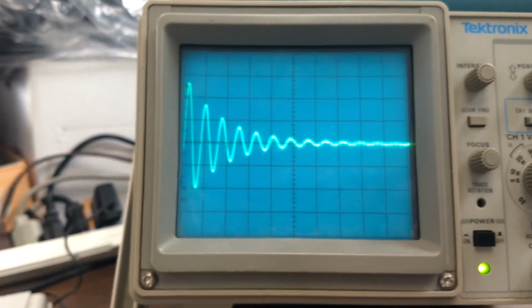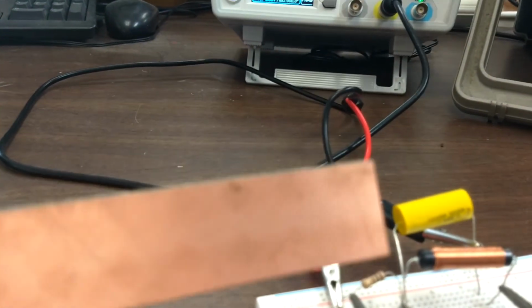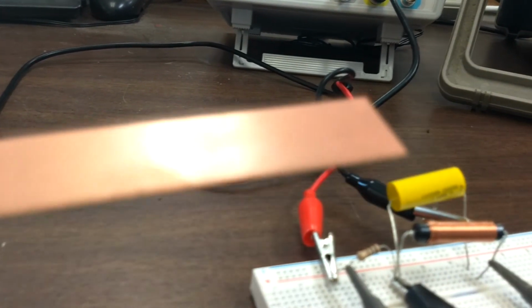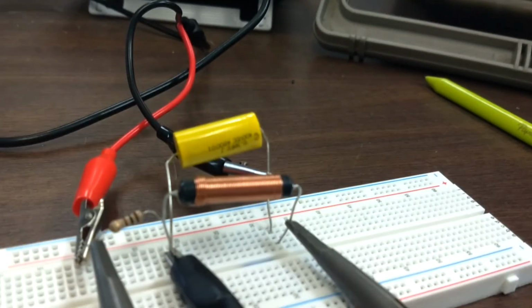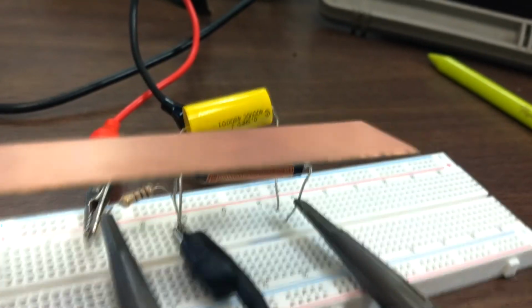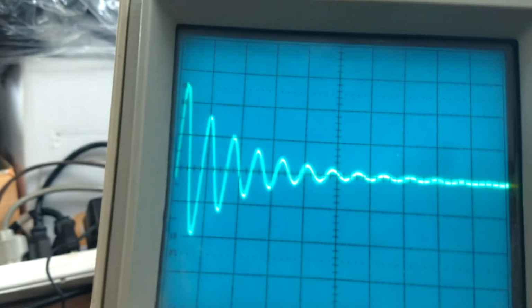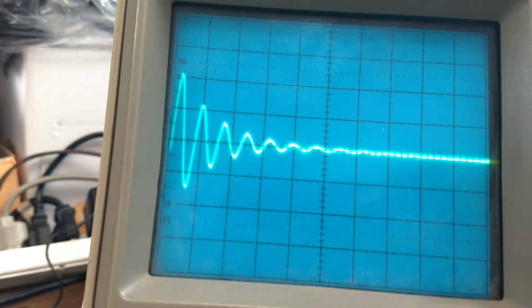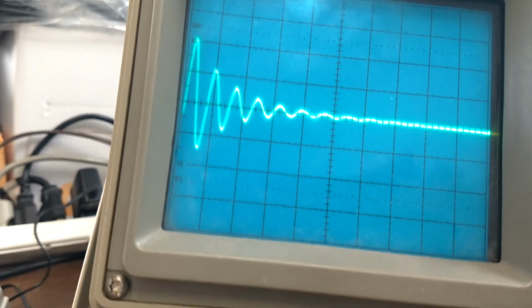Now, I want to show you something else here. This is a piece of copper-clad PC board. It's about 1 inch wide. And I'm going to bring it near the inductor. And I wish I could show the scope and this at the same time. But as I approach the inductor, you see our ringing gets less intense.